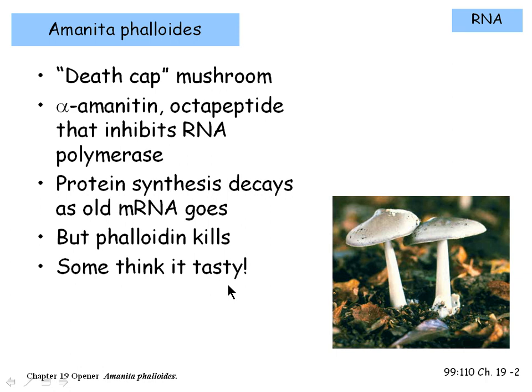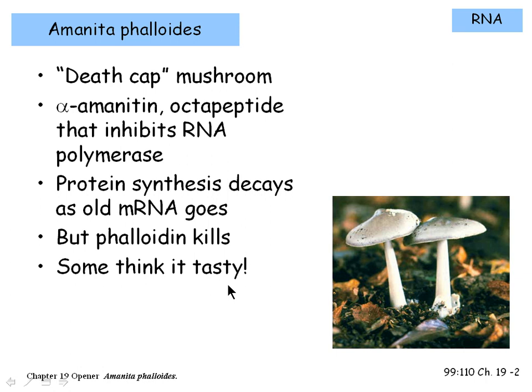I once shocked a colleague by saying DNA is the dead hand of the past. If all you had was your DNA, you'd be a virus. And so there has to be more to the system for life to go on. And that more that we're going to be looking at is the RNA and protein. We have to have RNA in our cells in order to have proteins. So the next step that we're going to be looking at is the whole question of RNA metabolism.